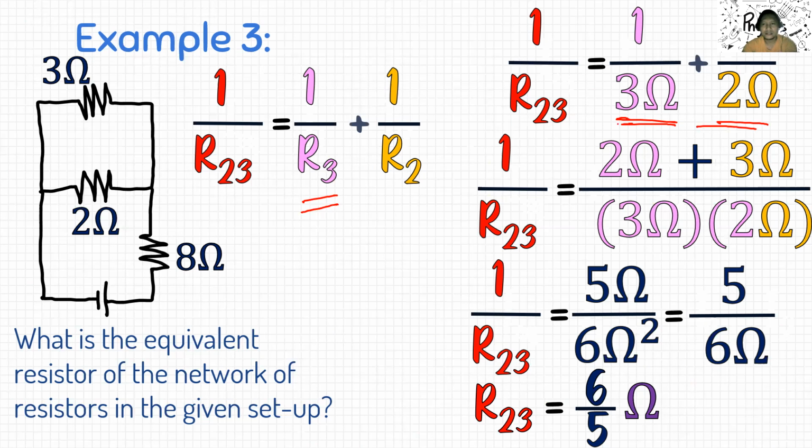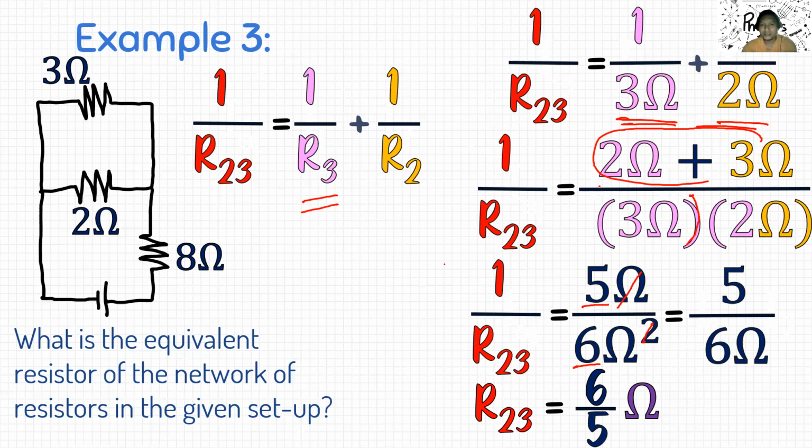And then, common denominator, so simply multiply both denominators, then 6 divided by 1 is 2, 6 divided by 2 is 3, and then we add, so this one is 5, this one is 6, 5 over 6 ohm, and in your denominator is ohm squared, so one ohm cancels, so it becomes just 5 over 6 ohm.